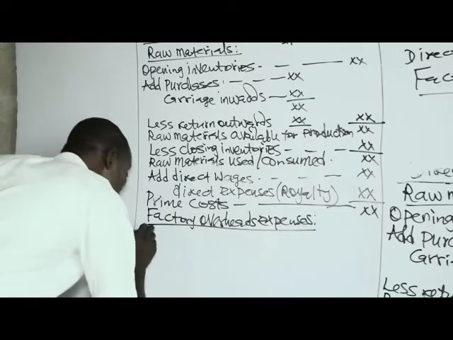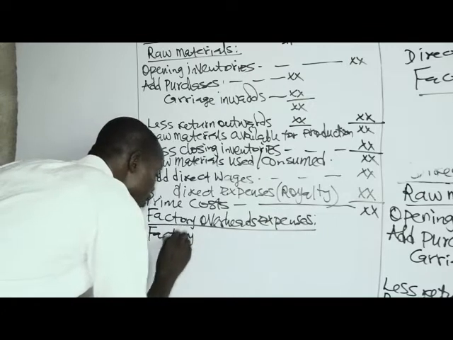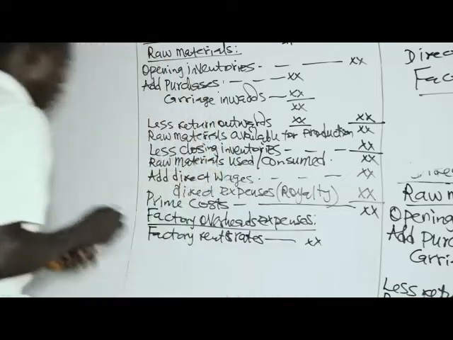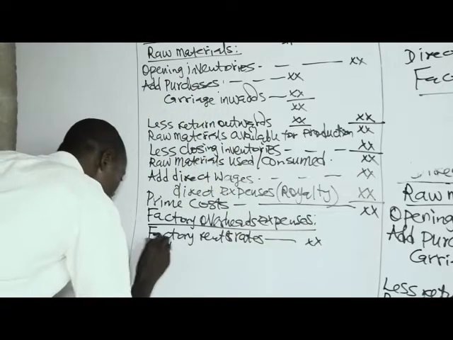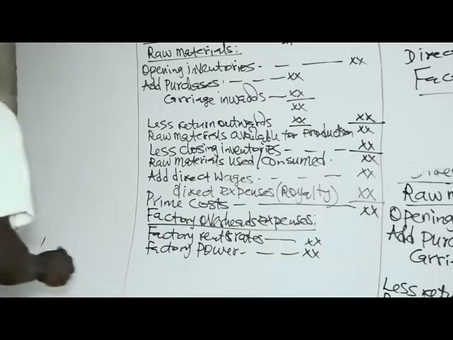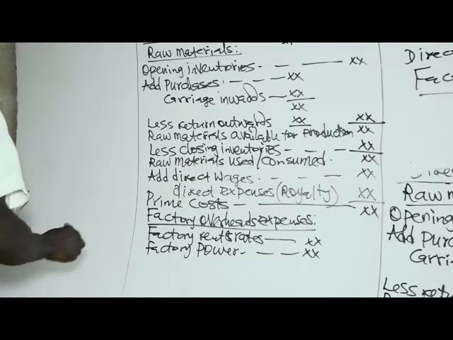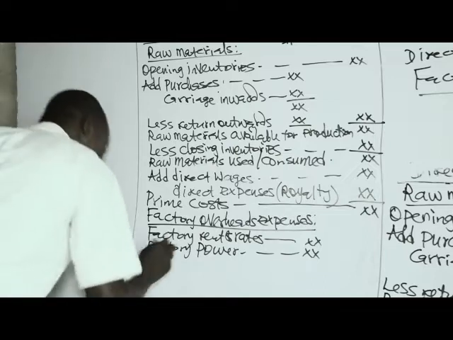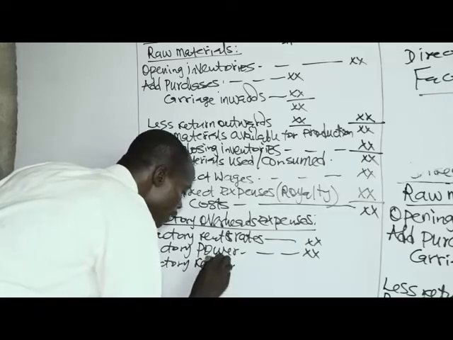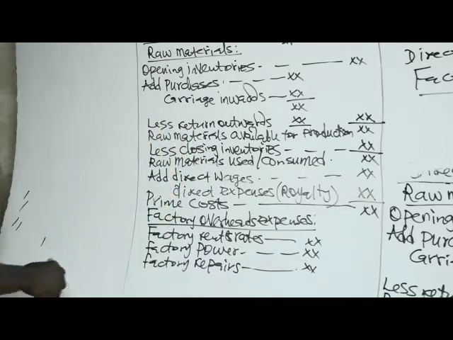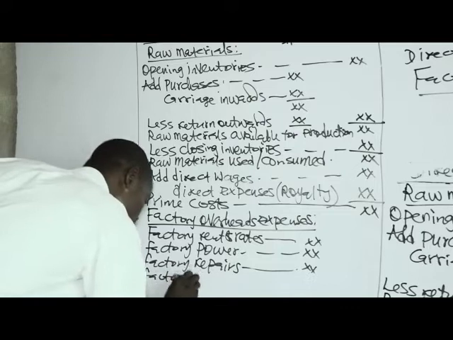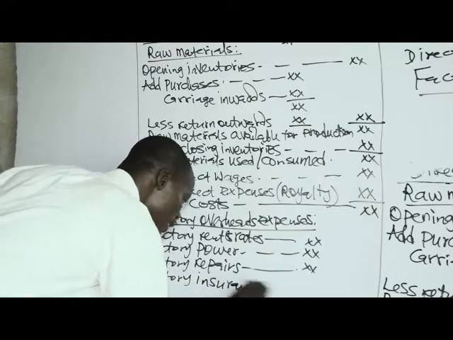Examples of factory overheads are factory rent and rates, factory power, factory repairs, and factory insurance.